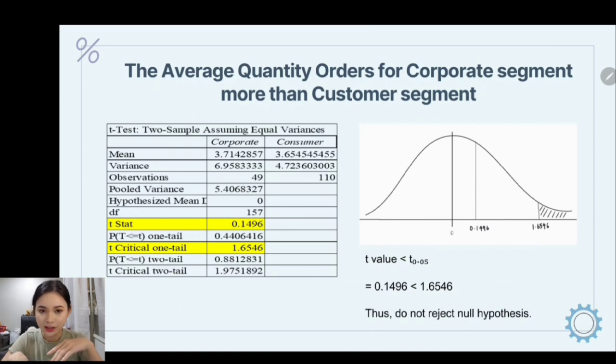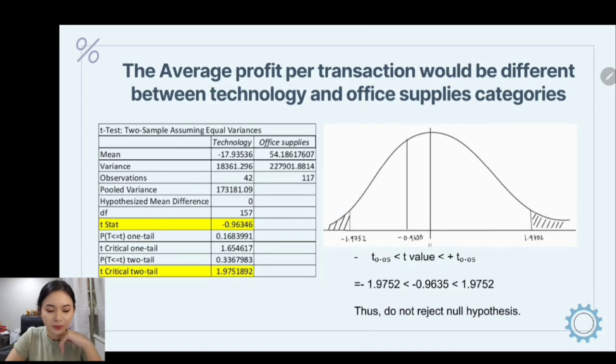If you can see the highlighted numbers, the t-stat is 0.1496 and the critical one-tail is 1.6546. You can look at the curve here. The t-stat is not in the rejection zone, which means we do not reject the null hypothesis.